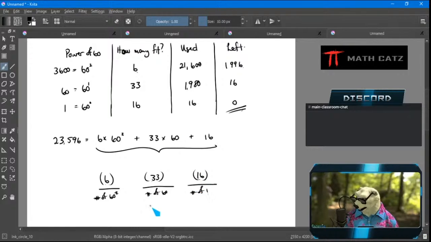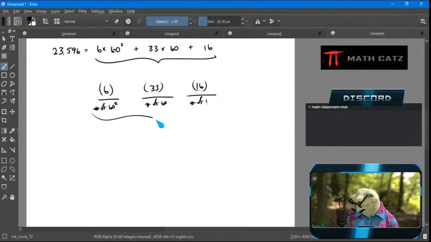Now I just have to translate it to the appropriate symbols, which I will do. 6, well, those are just 2 rows of 3, space, 33, space, 16, a 10, and 6 ones.